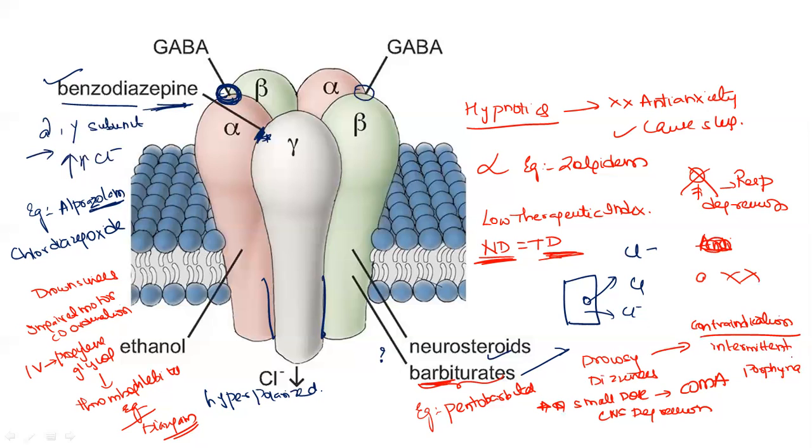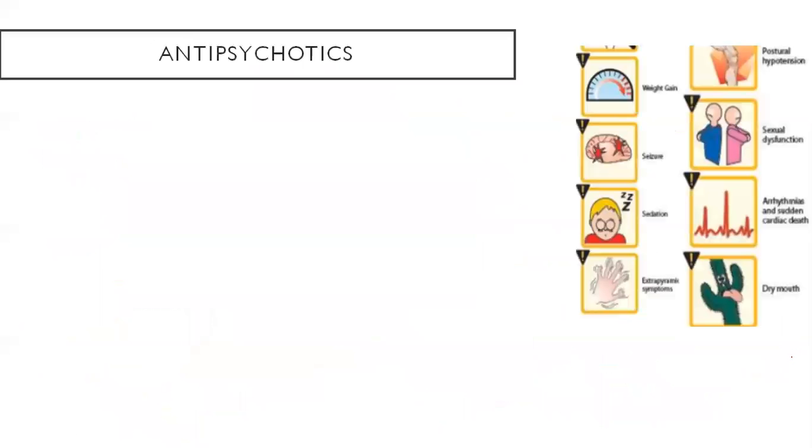All right. So that was about benzodiazepines and barbiturates. Now let us talk about antipsychotics. Antipsychotics are the drug of choice for patients suffering with schizophrenia. Sometimes they can also be given to prevent nausea and vomiting.